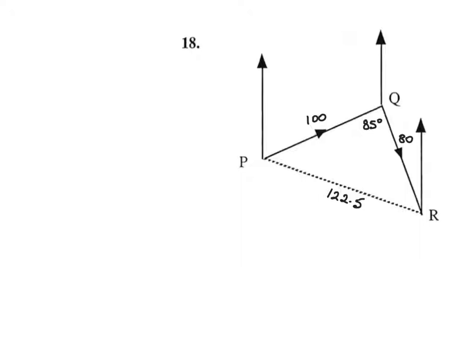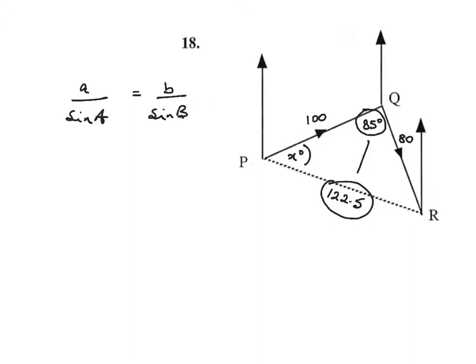What I'm going to do next is to work out this angle here. We've now got a side angle pairing, so I can use the sine rule. A over sine A equals B over sine B. So 80 over sine X equals 122.5 over sine 85.